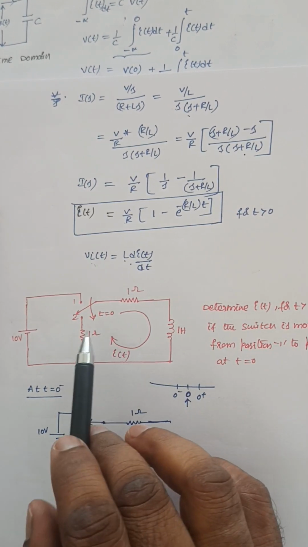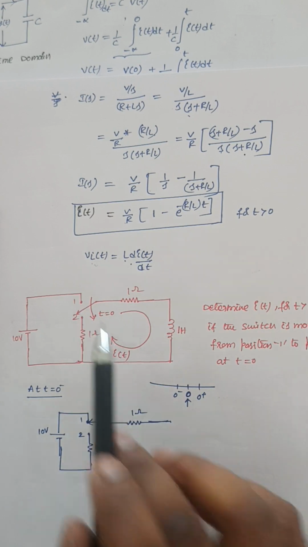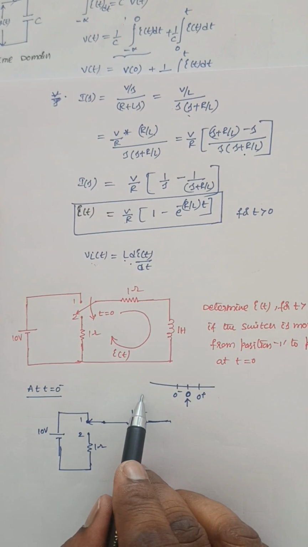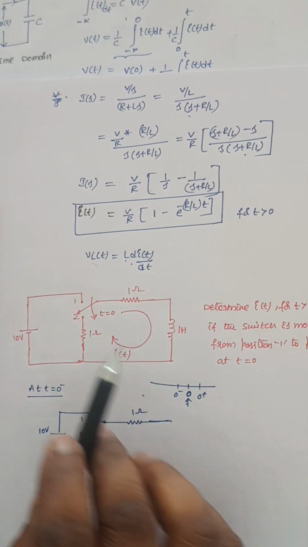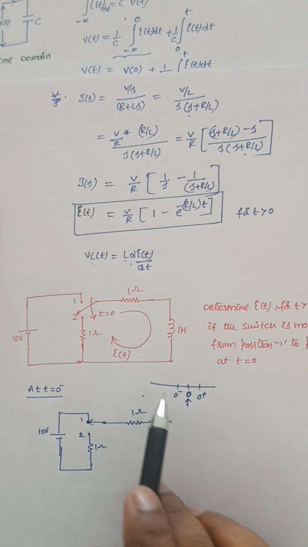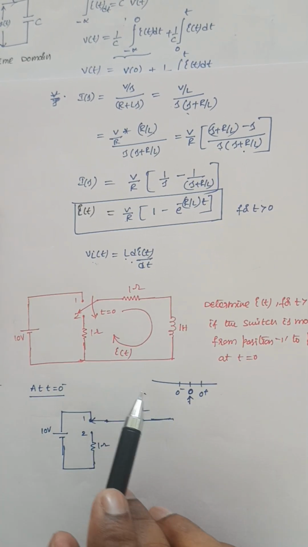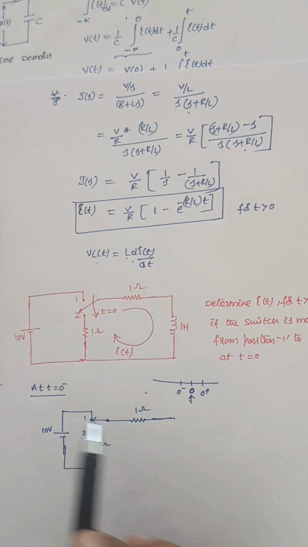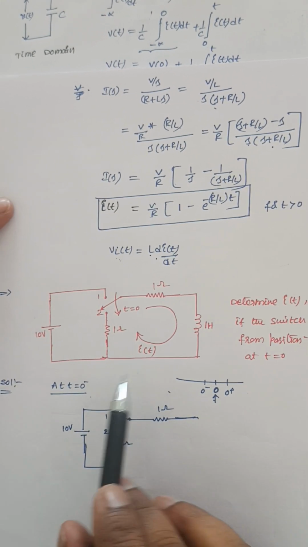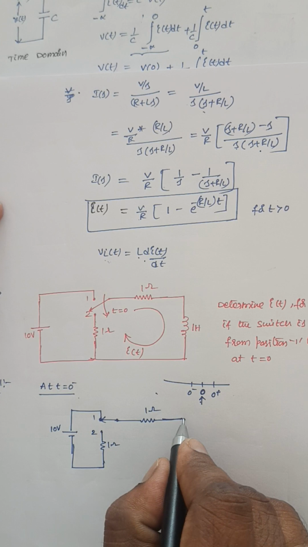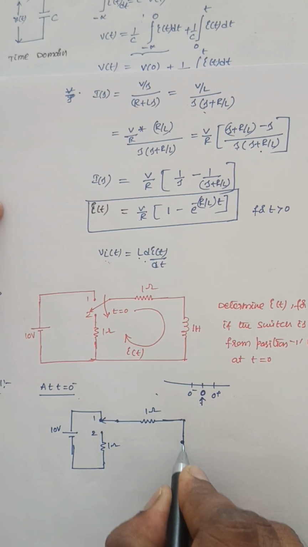Whenever the switch is at position 1, the circuit is under steady state condition. That means from minus infinity to 0, the switch is at position 1, so at t is equal to 0 minus, the circuit is under steady state condition. Under steady state condition, the inductor will act as a short circuit.